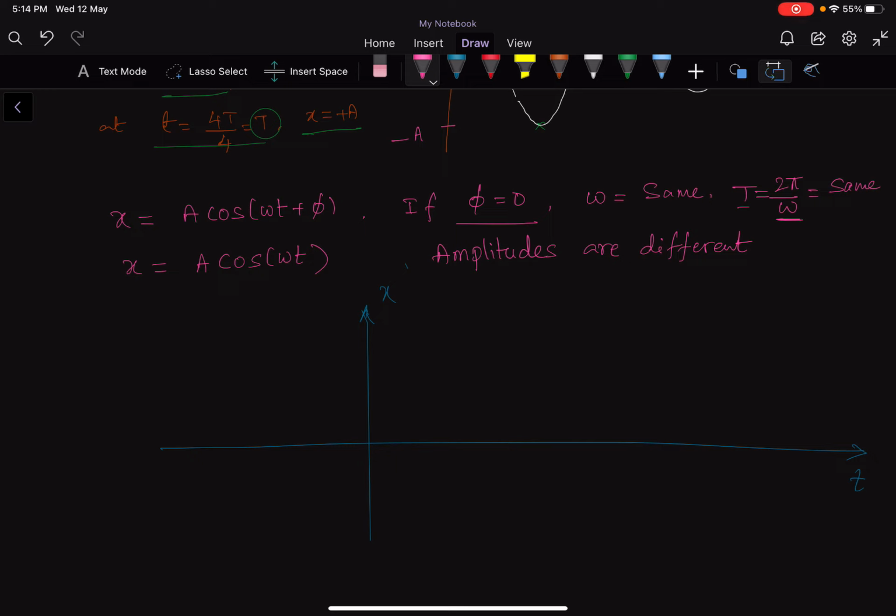I am taking two simple harmonic oscillators with different amplitude but the same omega, and the initial phase angle phi is equal to 0 here.